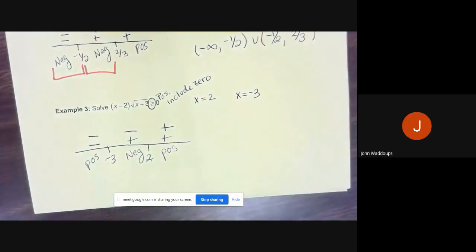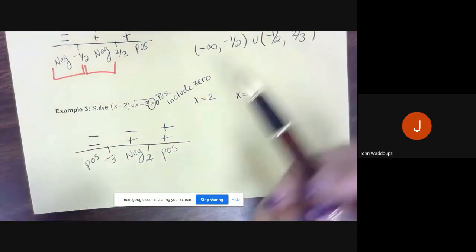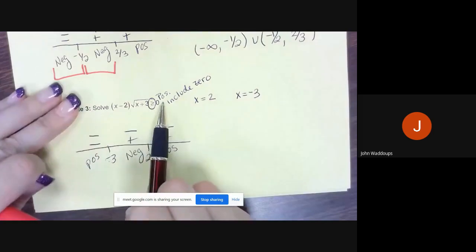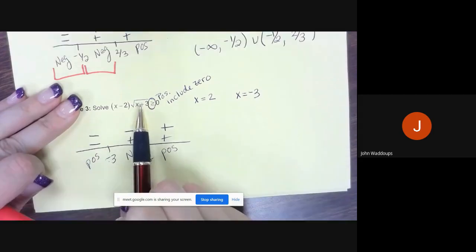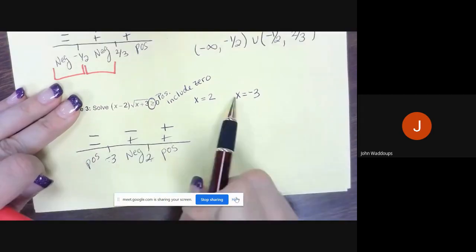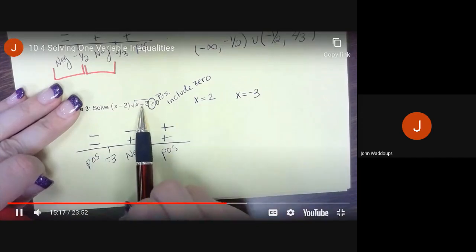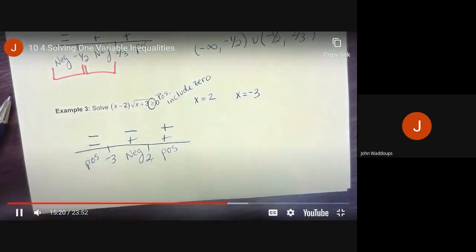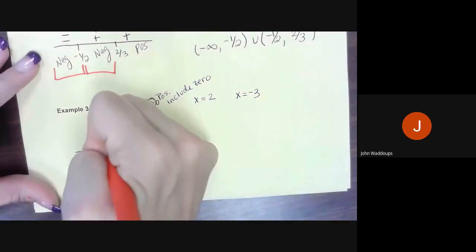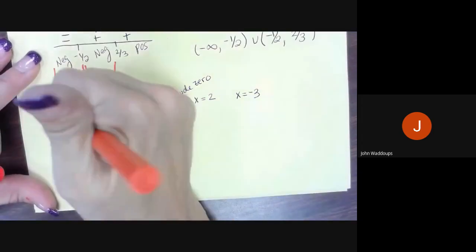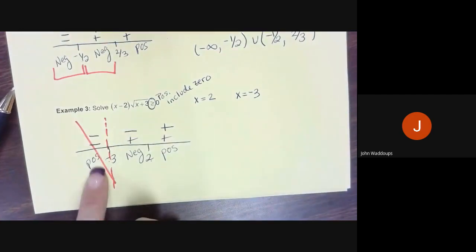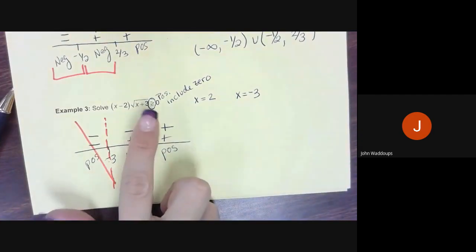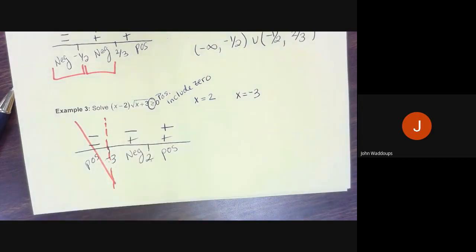All right. Now, here's what I meant by tricky. Because this is a square root, this also cannot have numbers less than -3, because we can't have a square root of a negative number. So actually, we are going to cross out these values because we cannot have anything under that square root that is a negative number.